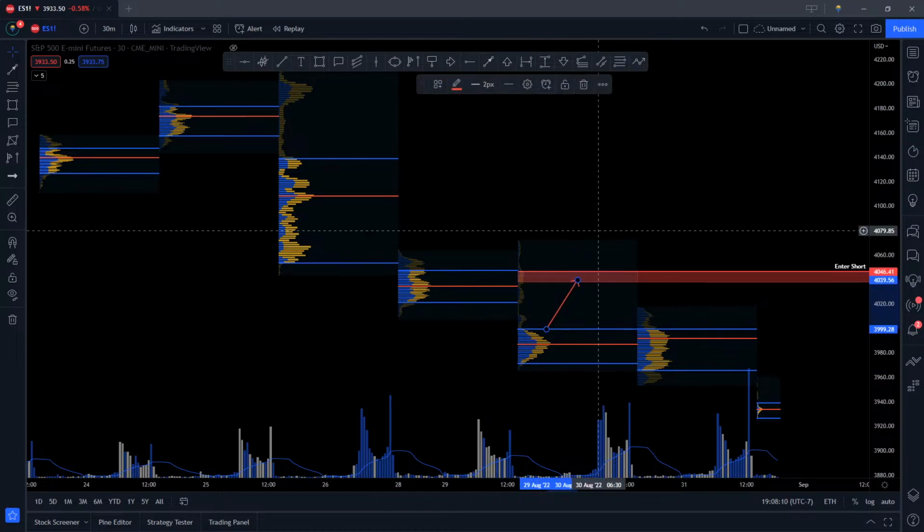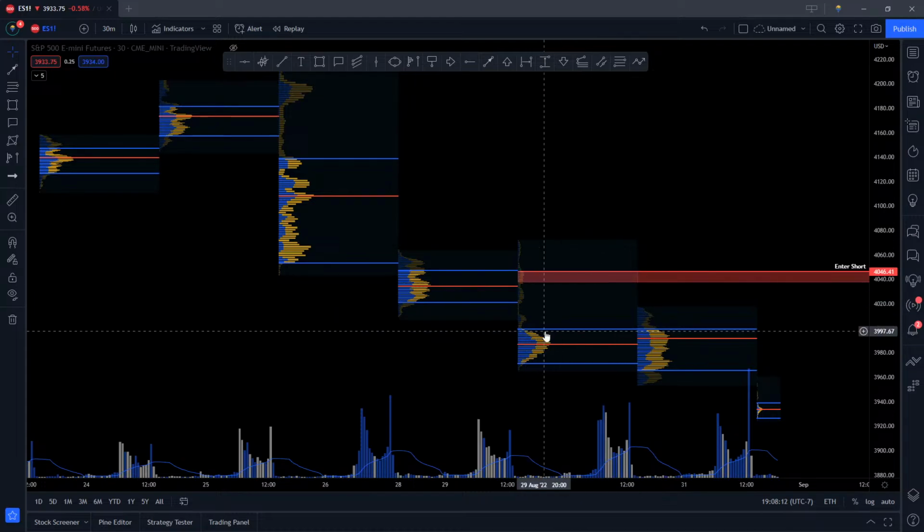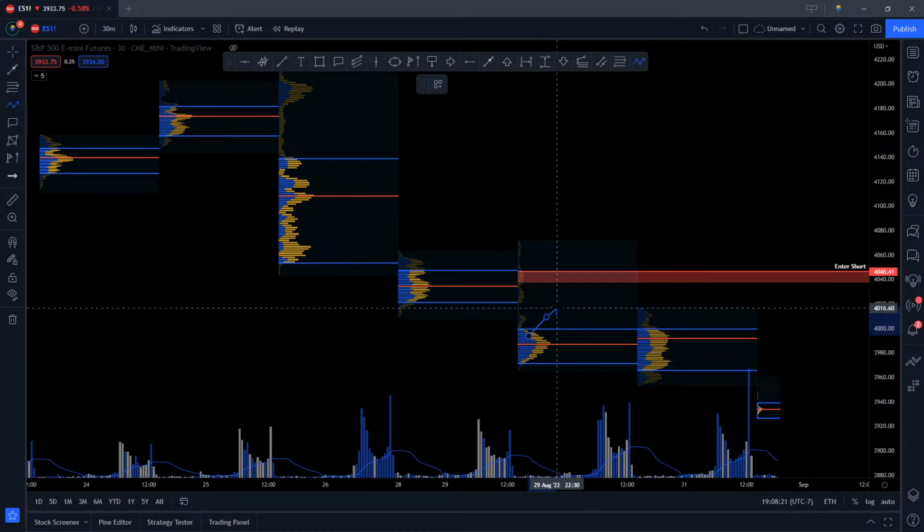One key thing I didn't mention about the 80% rule is price needs to actually leave, have candles closing above.